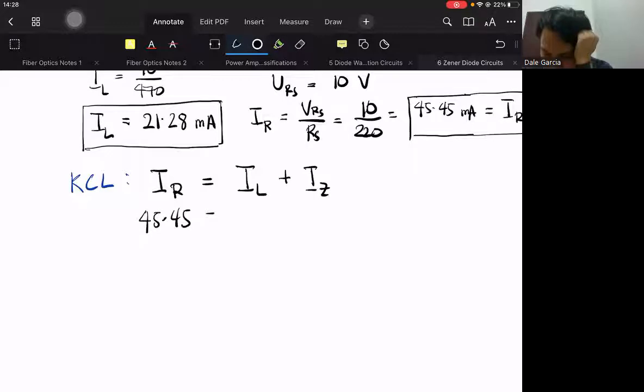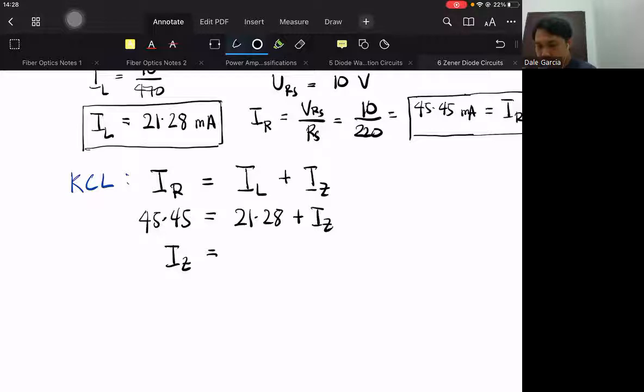.45 is equal to 21.28 plus IZ. Therefore, IZ is equal to 24.18 milliamperes.